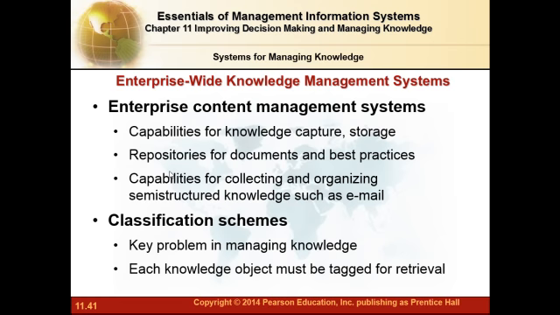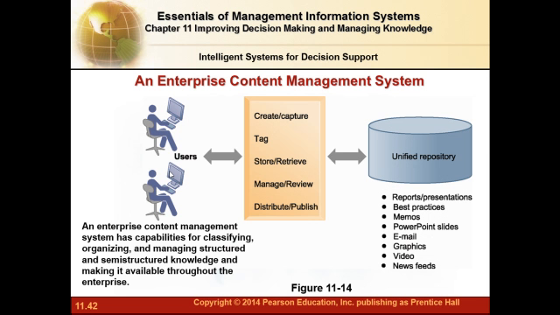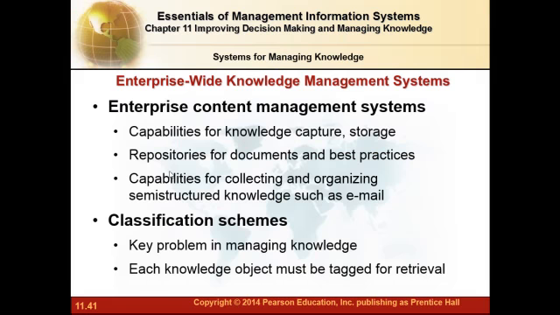Enterprise content management system. In an enterprise content management system, it has capabilities for knowledge capture, storage, repositories for documents and best practices, and capabilities for collecting and organizing semi-structured knowledge such as email.